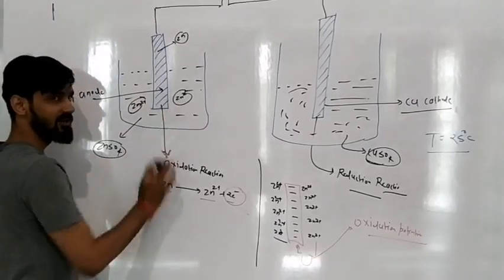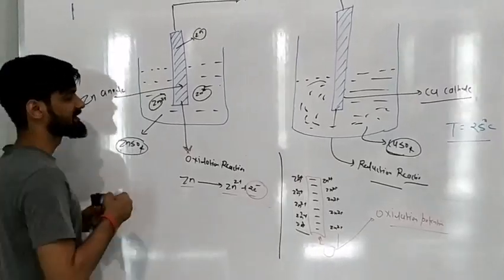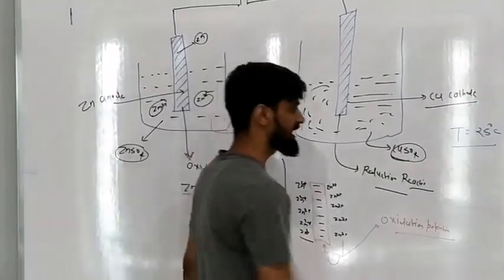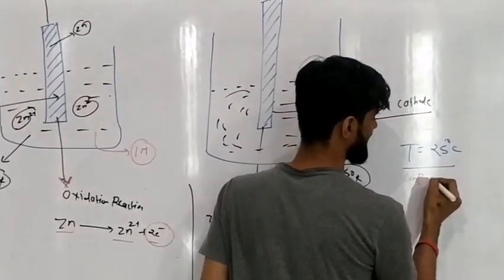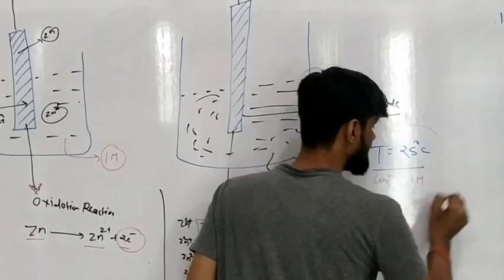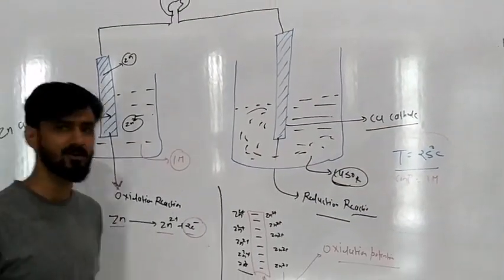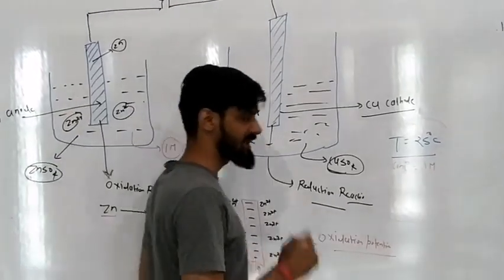And understand one thing, if you fix the concentration of the electrolytic solution at 1 molar, and if it is a gaseous electrode, I will discuss the gaseous electrode later on, and how we construct it.